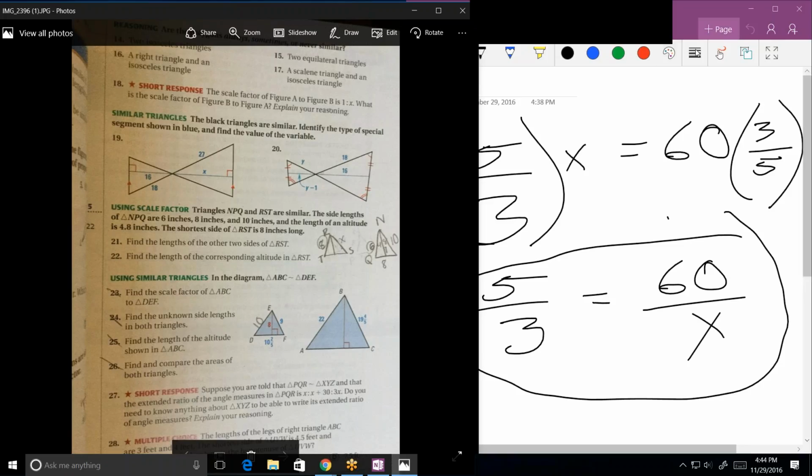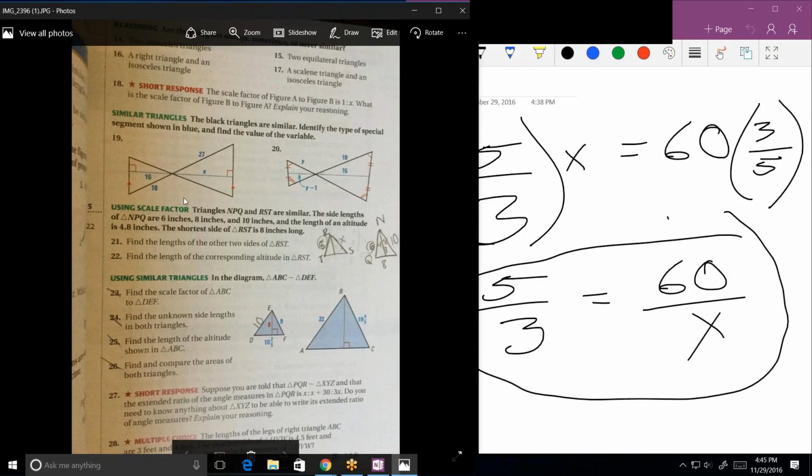Mm-hmm. Okay. Now, because we know they're similar, which sides are corresponding? See, here's a case where it's not totally clear what the corresponding sides are. Is 18 and 27 corresponding, or is 18 corresponding with the side opposite 27?